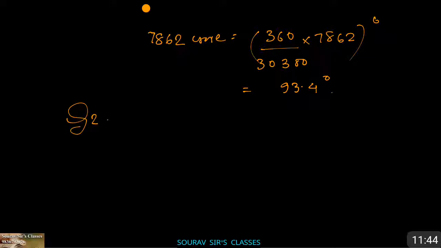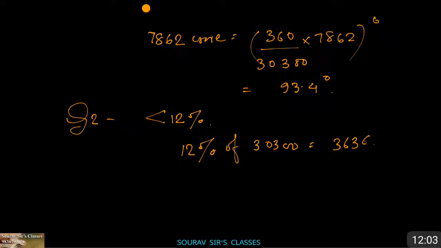Question number 2. Which of the two ways of funding constitute less than 12% of the total funding? 12% of the total funding means 12% of 30300, which is 3636.